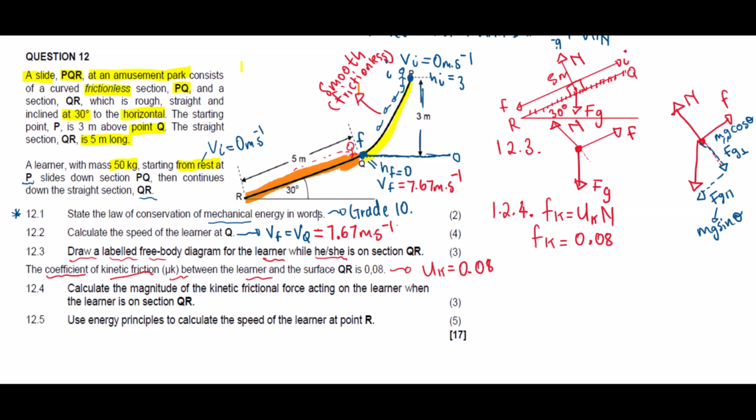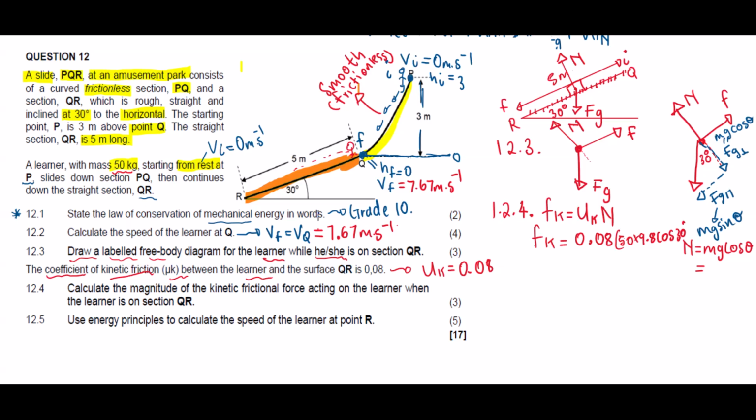So if it's an inclined plane, the normal force is equal to mg cos theta. What is the object's mass? The object's mass is 50 kg. Remember, it's the mass of the learner, 50 kg times 9,8 times the cos of the angle of inclination, which is 30 degrees.